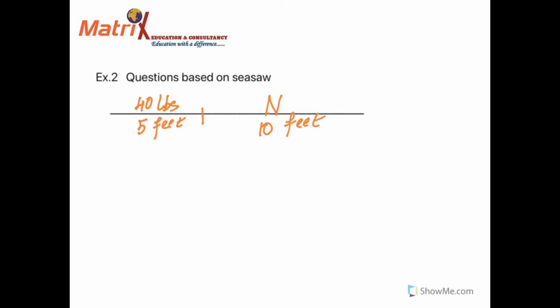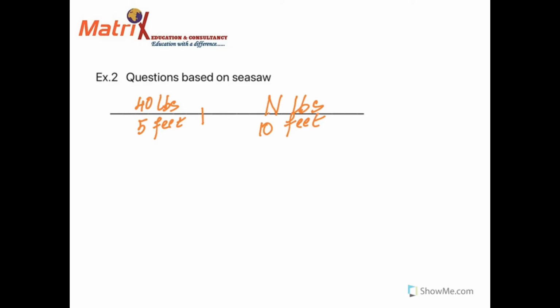The other side could be n pounds, and the person is 10 feet away. The question would be, find the value of n pounds. Sometimes they might give you the pounds and ask you to find the feet. The concept is the same. That's why I have clearly written questions based on the seesaw.